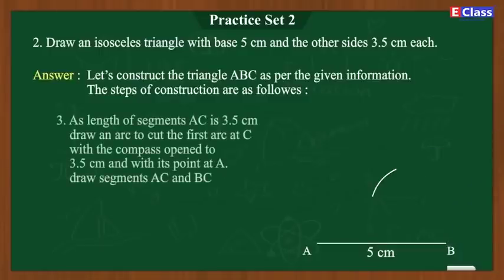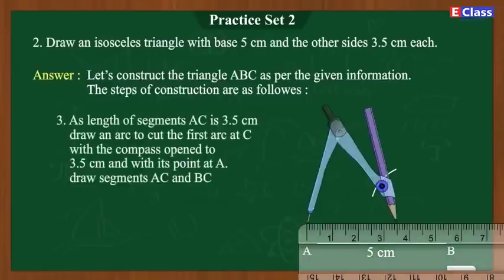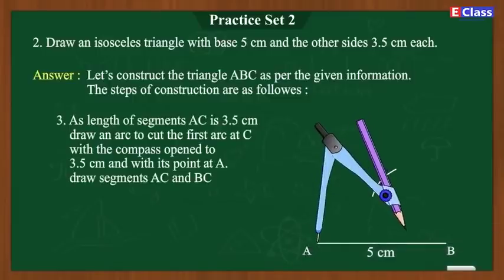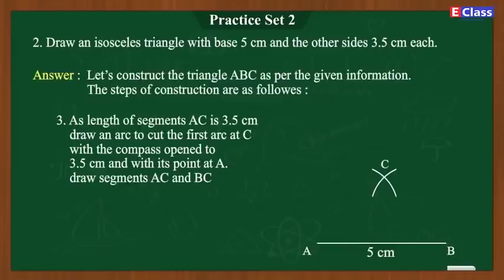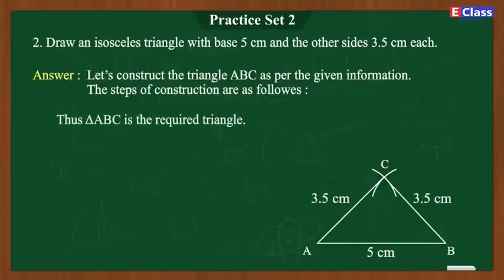As length of segment AC is 3.5 cm, draw an arc to cut the first arc at C with the compass opened to 3.5 cm and with its point at A. Draw segments AC and BC. Thus, triangle ABC is the required triangle.